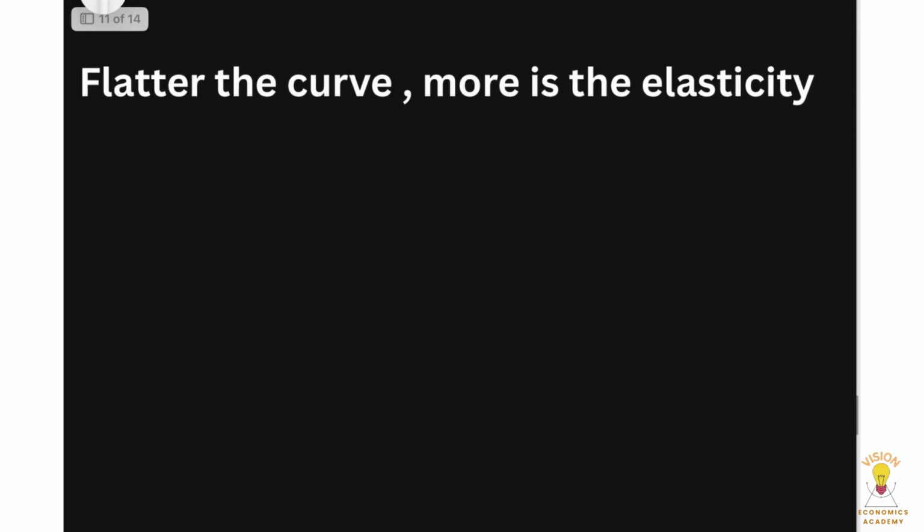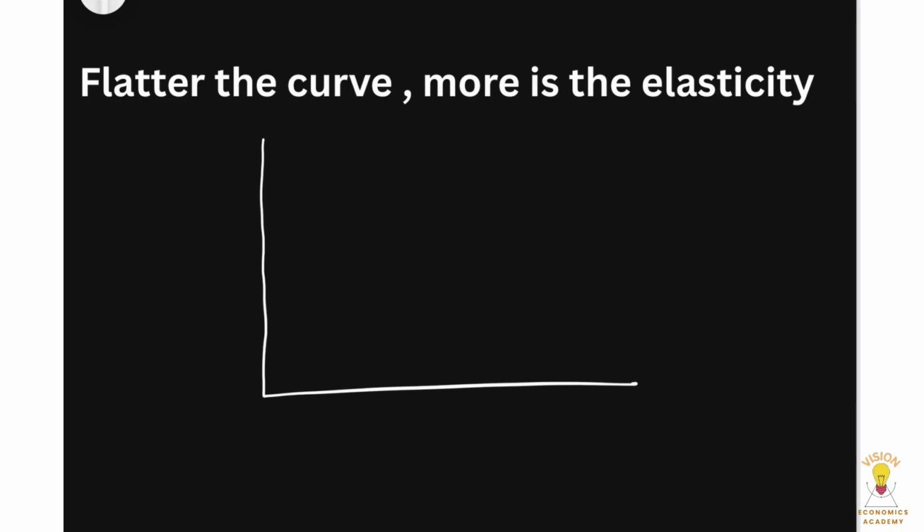One thing to note is that the flatter the curve, the more is the elasticity, right? Simple as this. If you see this diagram, let us take this flatter demand curve. At price OP, OQ is demanded, right?